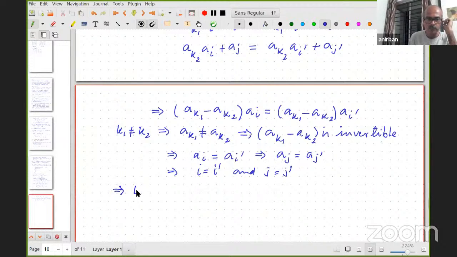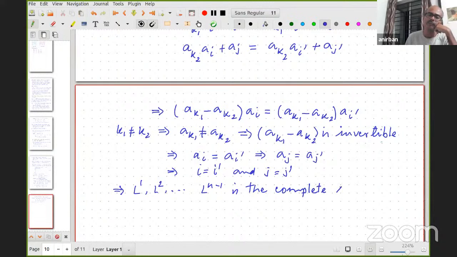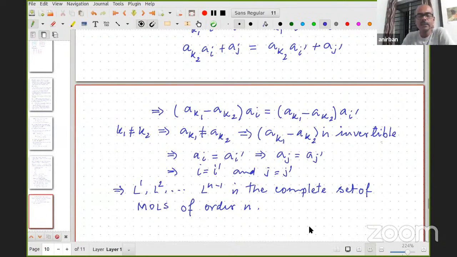So L1, L2, up to L_{n-1} gives a complete set of MOLS, mutually orthogonal Latin squares of order n. So if we have a field of order n, then this happens.